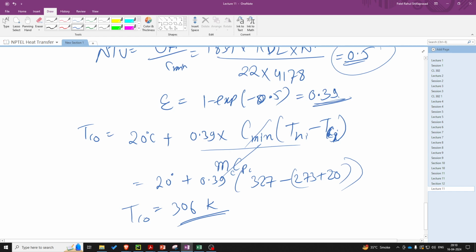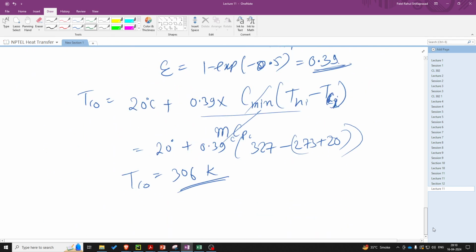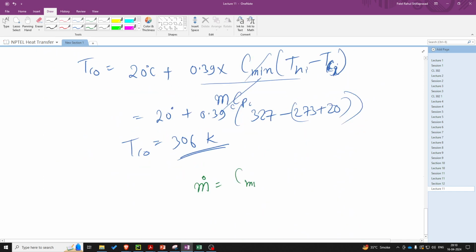Now using this Tc0, we can find the value of the mass flow rate, the condensation rate that was given. So you can just put the values: m dot required is basically C minimum into Tc0 minus Tci upon hfg.